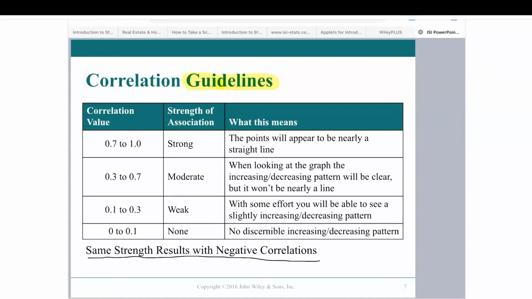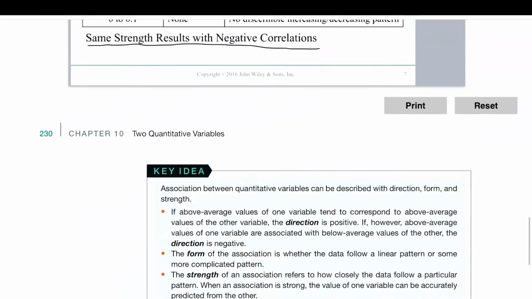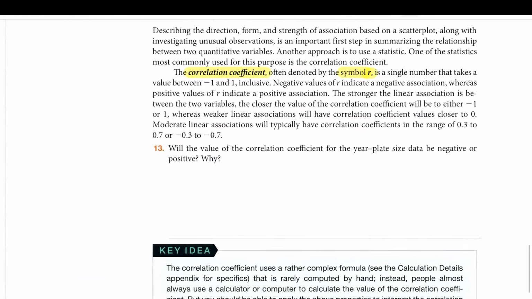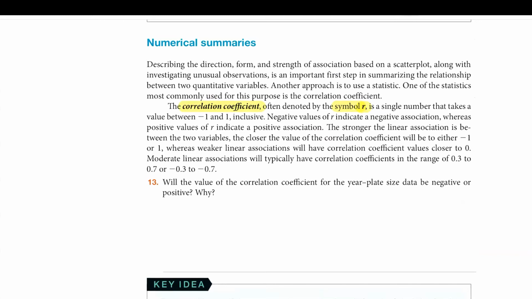So correlations are always between -1 and 1. The closer the correlation is to either 1 or -1, the more closely the points fall in a straight line. And the closer the correlation is to 0, whether it's positive or negative, the less strong the association is, and the less like a line the points will look.